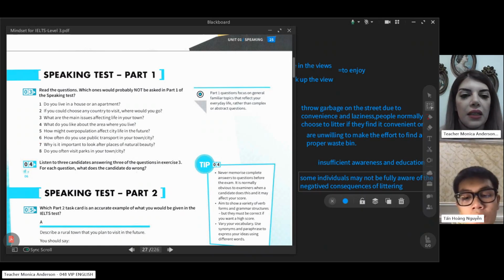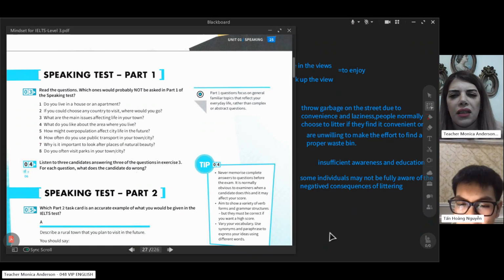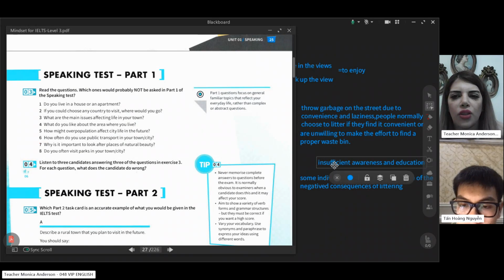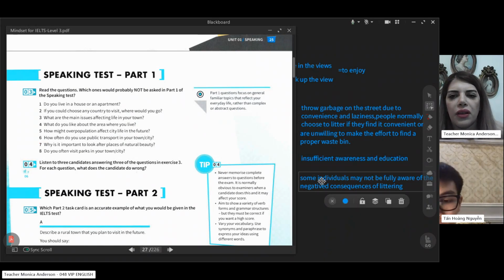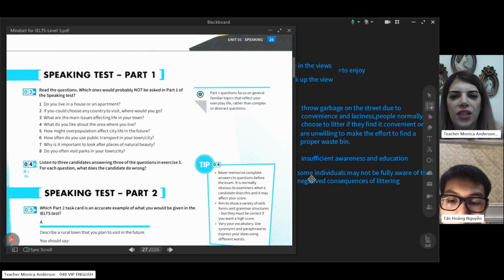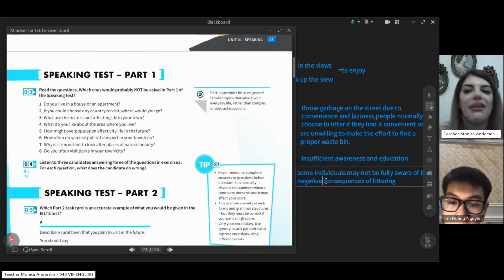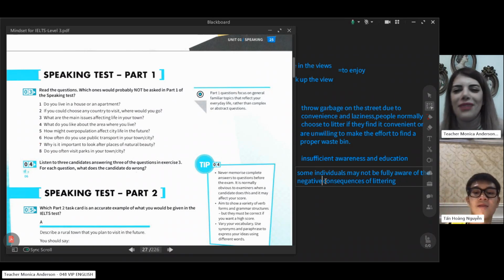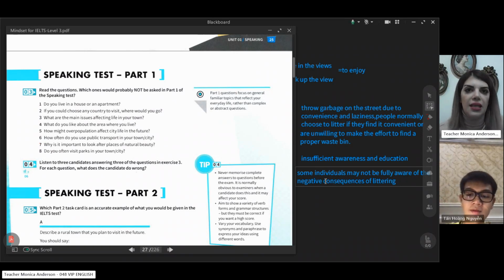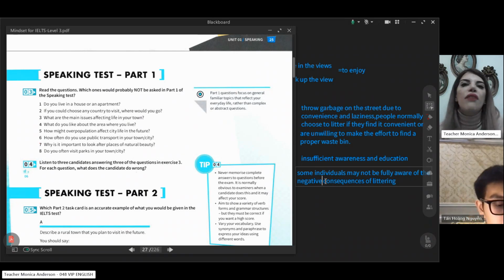Teacher, why do we have "the" before "negative"? Because it's negative consequences. Some individuals may not be fully aware of the negative consequences, meaning bad aspects and results of littering.